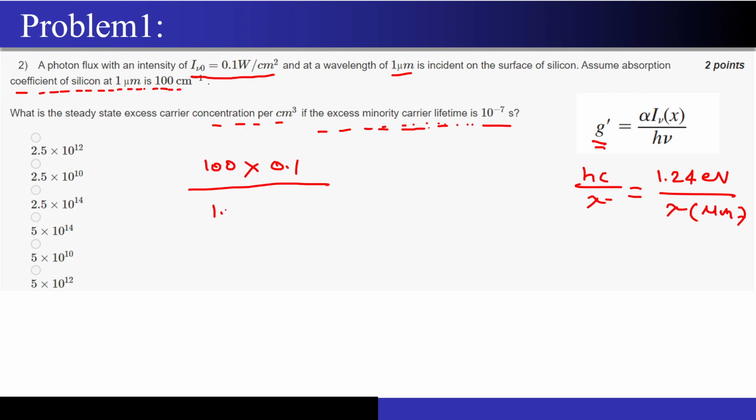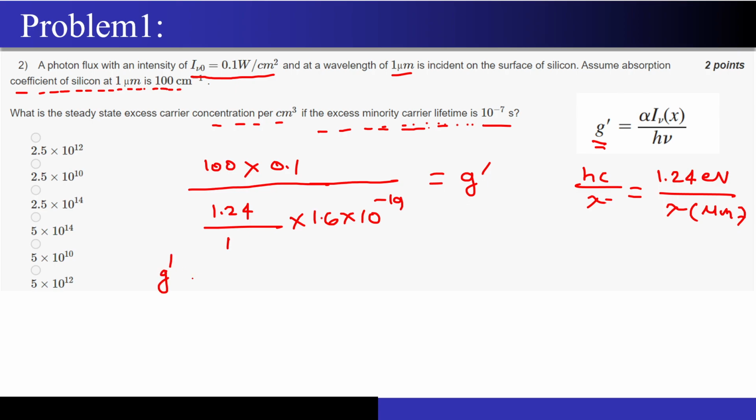So hc by lambda I can consider 1.24 divided by lambda, which is 1 micrometer only. But since this unit is in electron volts, I have to multiply it with the charge of an electron. So this will be my generation rate, correct? Now what will this generation rate come out to be?